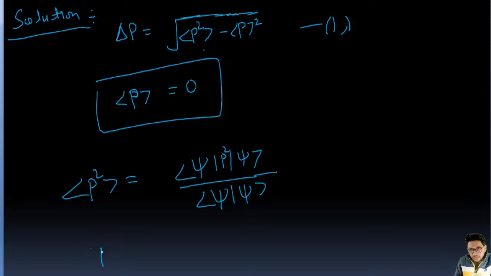The expectation value of p square is going to be an integration, because it is a normalized wave function, which means the integral of psi star psi is 1.